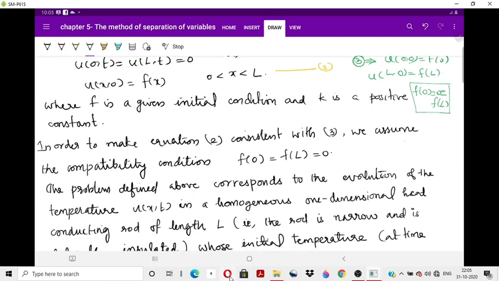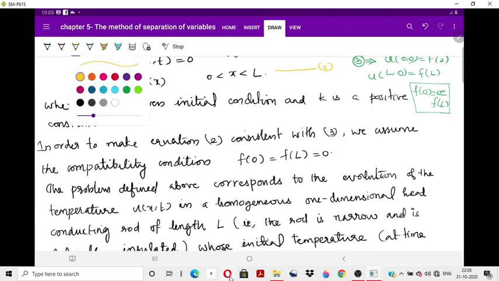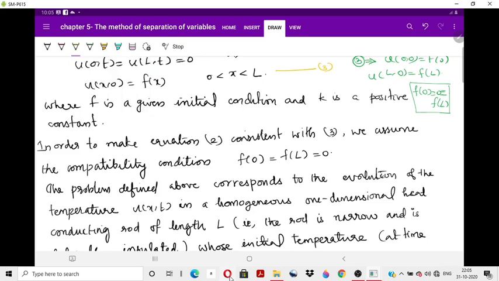Okay, so this problem represents the heat conduction of a rod.